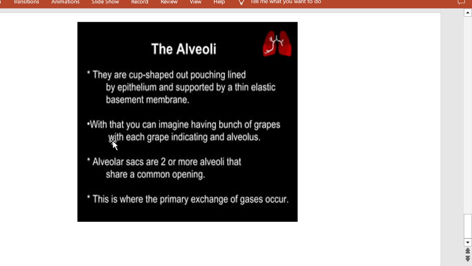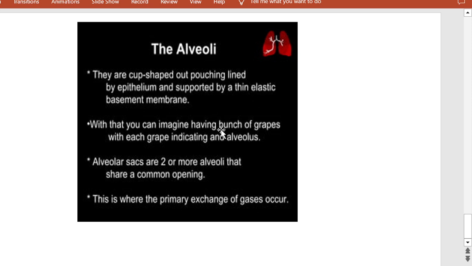And when we see the ending portion, alveoli are cup shaped outpouchings lined by epithelium and supported by a thin elastic basement membrane. As I already said, it works like a balloon. When air is filled, it expands, and when air is taken out during exhalation, it collapses.